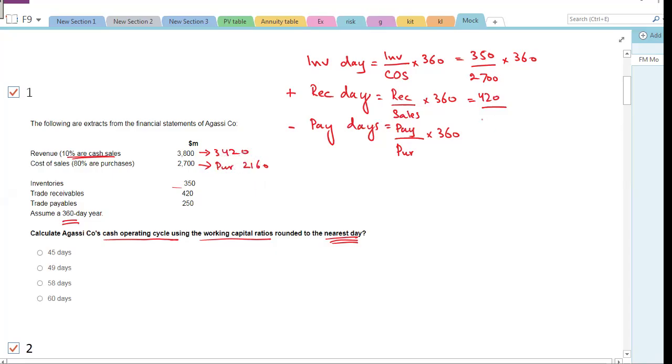We said 3,420, multiplied by 360. And then the third one is the payables, which is 250 divided by purchases. Just in case this is not given to us, we are going to use cost of sale. But this time we can calculate it, so let's do it.